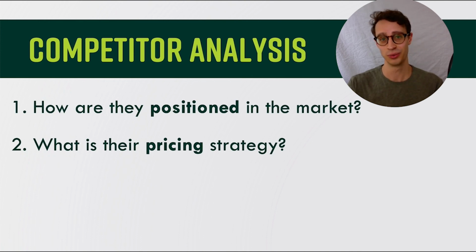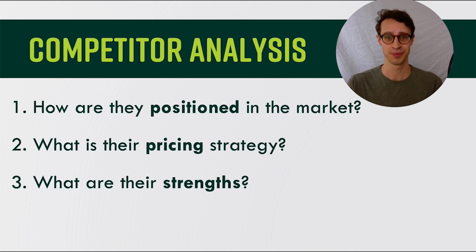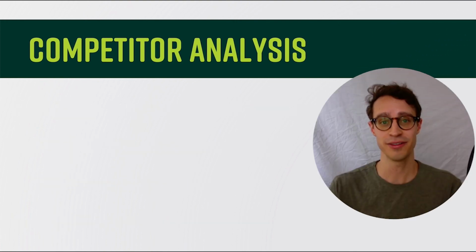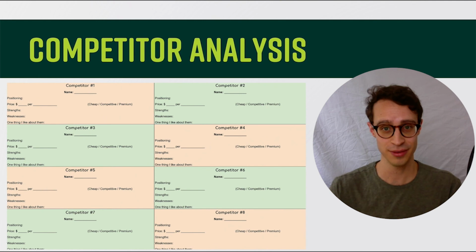Maybe they're really low or really high, or maybe they're competitive prices. Then you want to ask, what are their strengths as a business? And finally, you want to ask, what are their weaknesses as a business, or what could you do much better than them? You want to be able to start by analyzing your closest 10 competitors, and you can find a template for doing this on Canvas with a simple fill-in-the-blanks Excel spreadsheet to do just this.